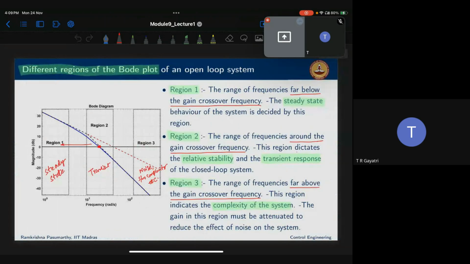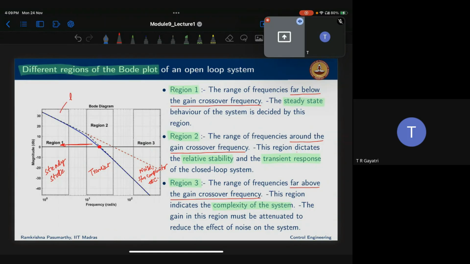Generally the Bode plot of any system can be divided into three regions. In the first region you have the gain crossover frequency, far below it, at the starting of the Bode plot, which we describe as the steady state category.